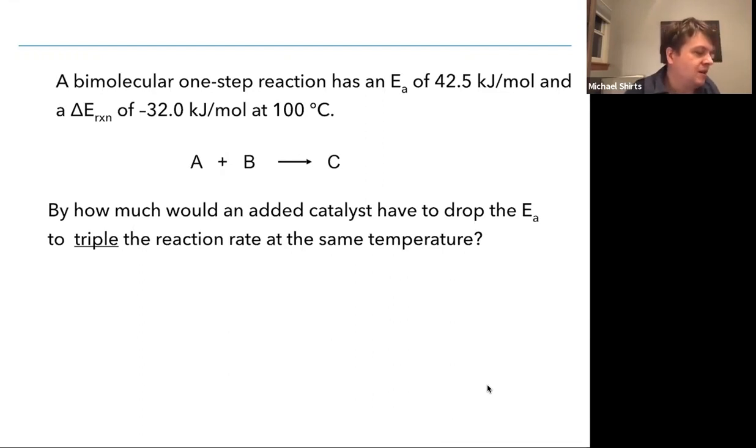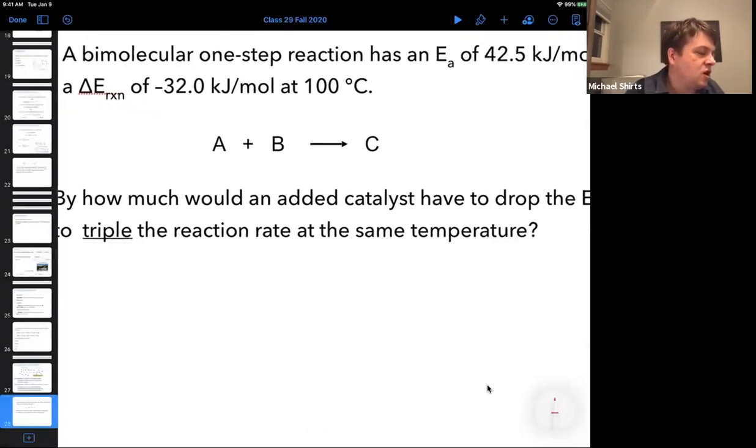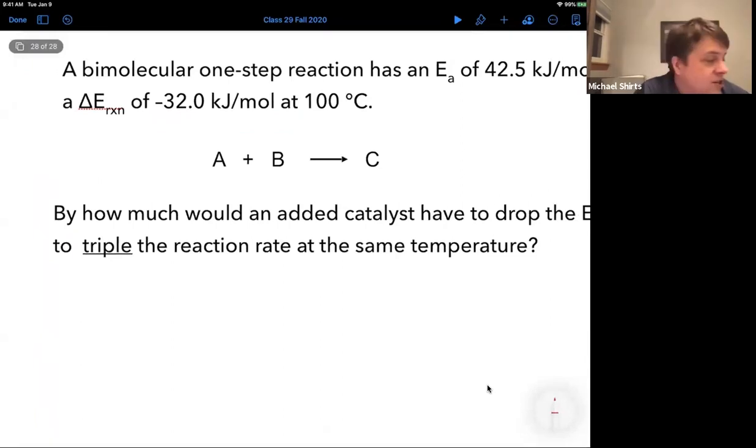Okay, so let's dive in. We want to be using the Arrhenius equation, but it's not quite the same, right? Because now we have the same temperature and two different activation energies. So let's go back to the definition of the Arrhenius equation. We have k equals A times exponential of minus activation energy 1 over RT, right?